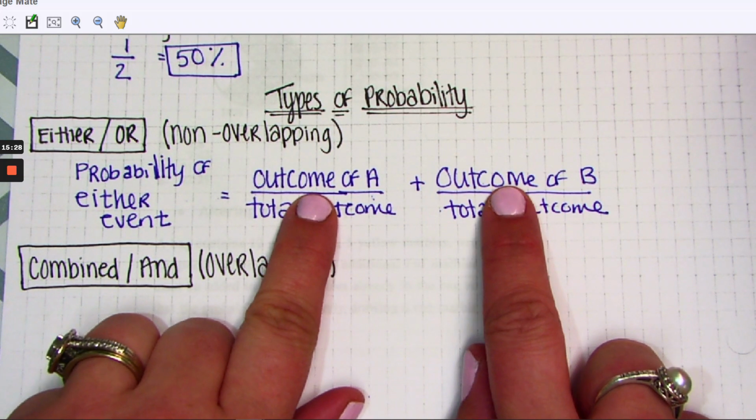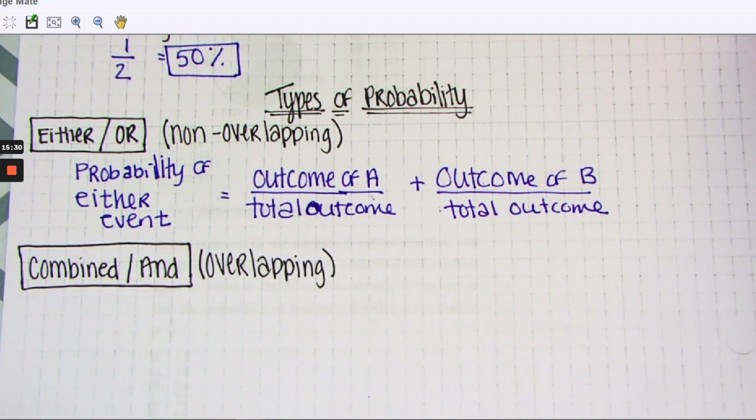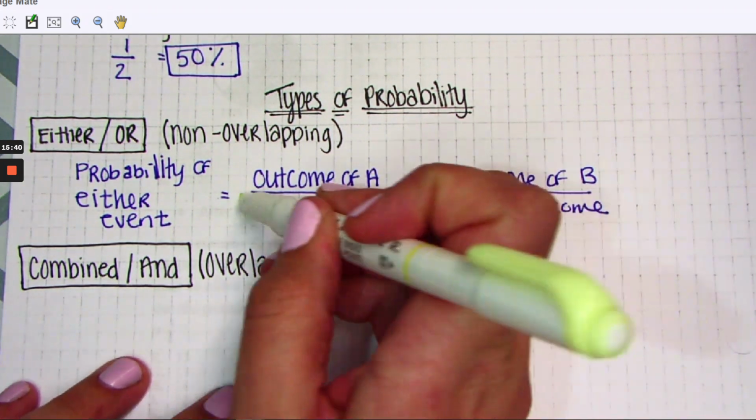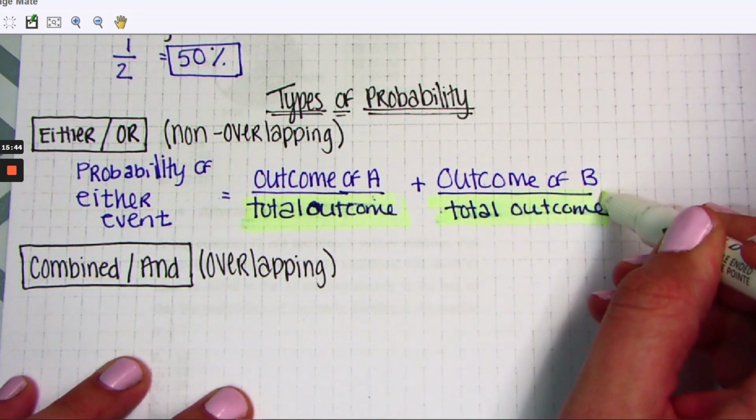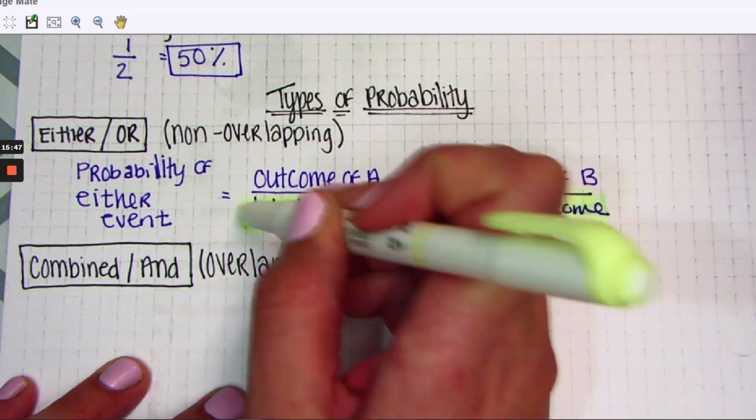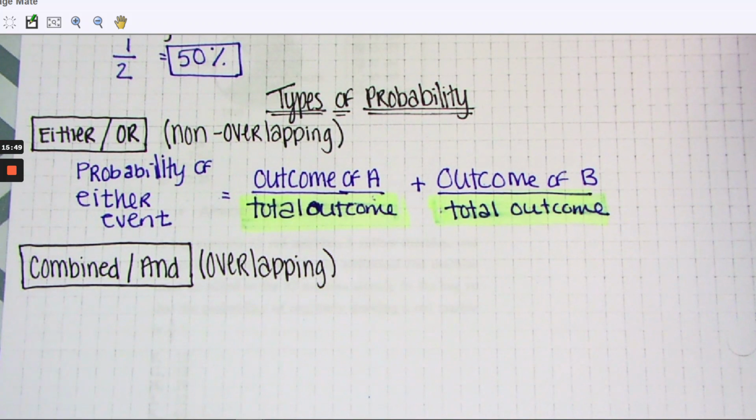You would be happy if you pulled out this or this. So since you have more possibilities, you have a higher percentage of pulling out a drink you would want to drink because you would be happy with either A or B outcome, either this or that. It doesn't matter.